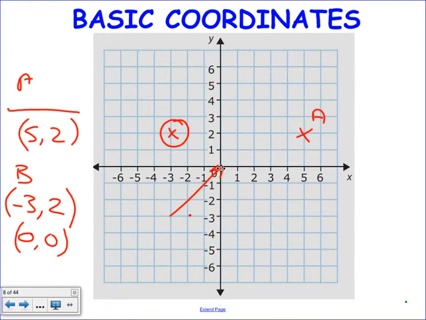Okay? The origin. So they might say plot a line from the origin to point 2, 4. If you don't know what the origin means, you can't plot that line. You can have a guess, I suppose, but it's one of our buzzwords. If you don't know the word, you can't answer the question. So the centre here is called the origin.